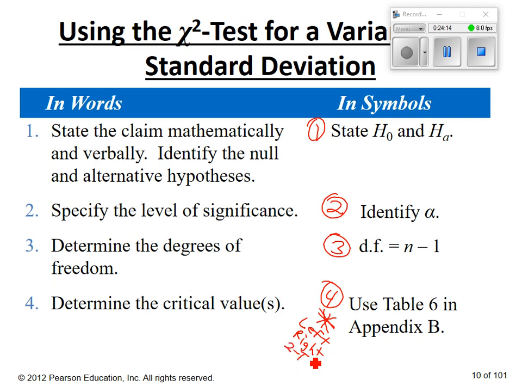You got to know the different ways for each one. So if it's right-tailed, you just use the chart. If it's left-tailed, you do 1 minus alpha. If it's two-tailed, you got to do alpha divided by 2, and then subtract that answer from 1.